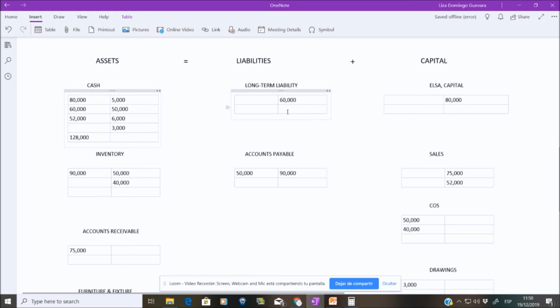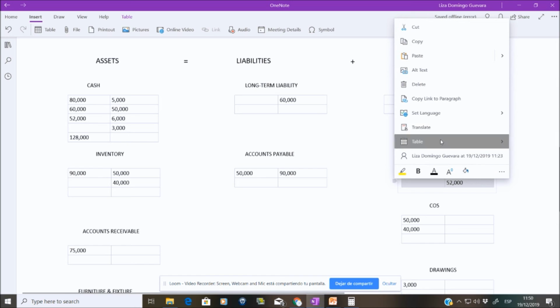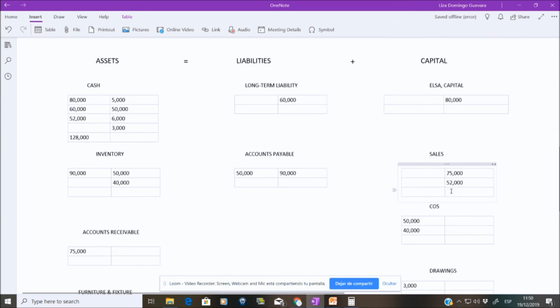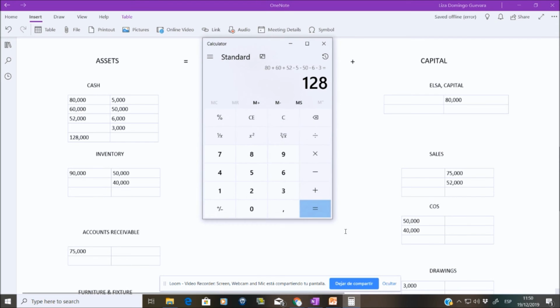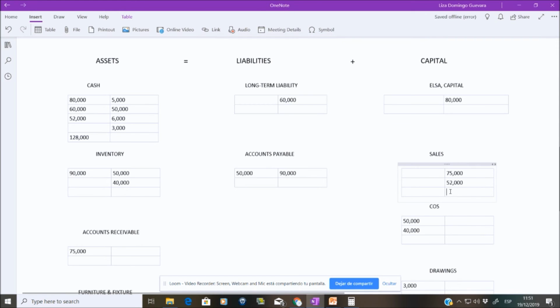Your long-term liability has a balance of 60. Your sales has a balance of 75 plus 52, 127.